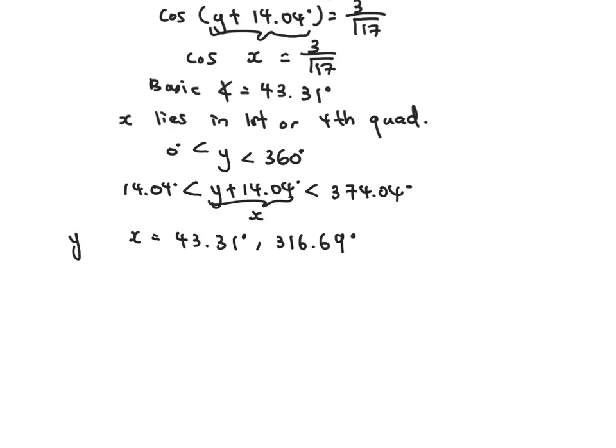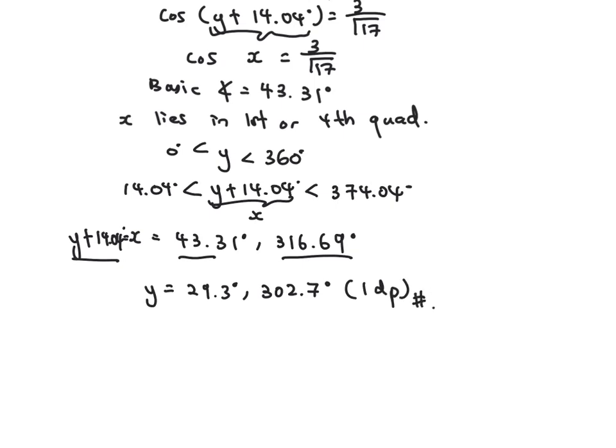Substituting x by y plus 14.04 degrees and subtracting 14.04 degrees from both sides, you'll get y equals 29.3 degrees and 320.7 degrees, all rounded to 1 dp as the final answer. So that's all for solving equations using our formula when contrasted with other methods.